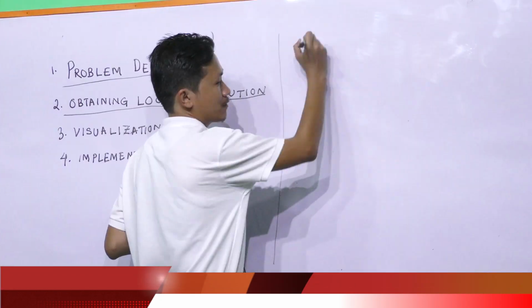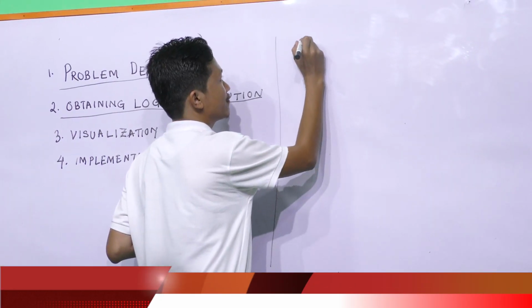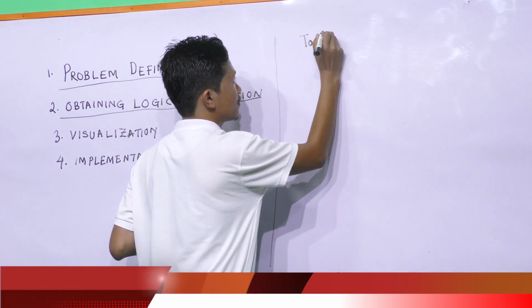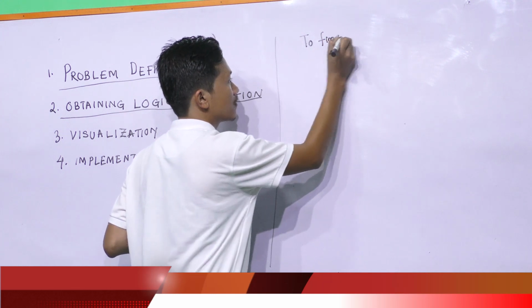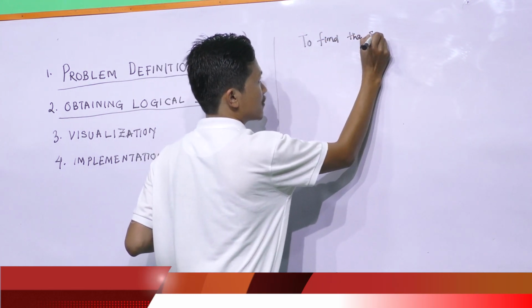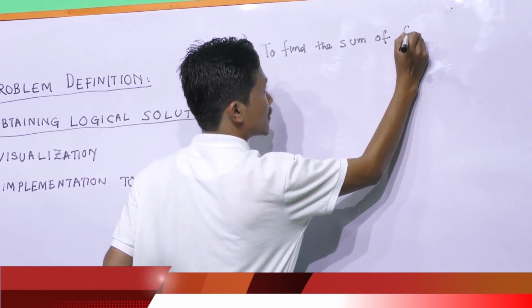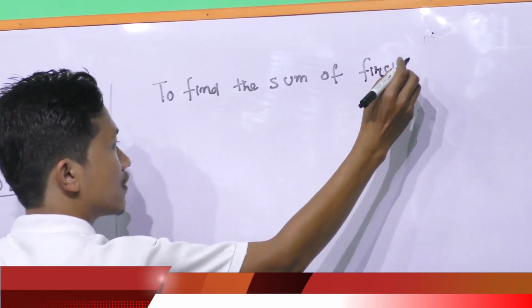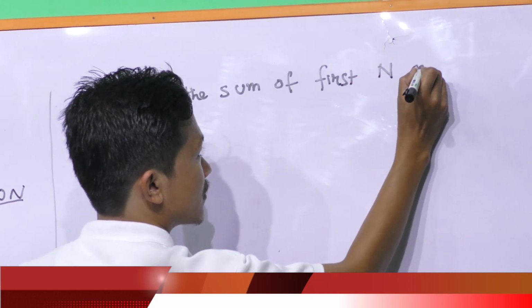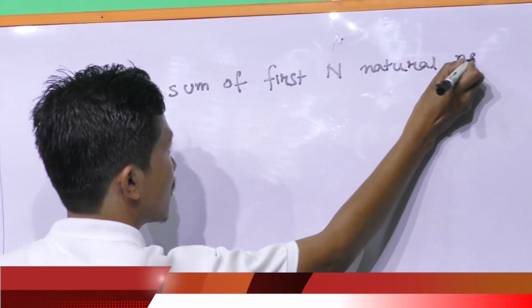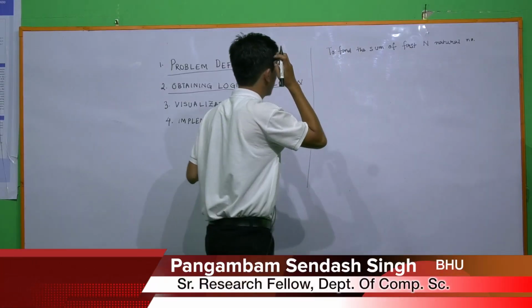Now, the problem of finding the sum of the first n natural numbers. So our problem is to find the sum of the first n natural numbers.